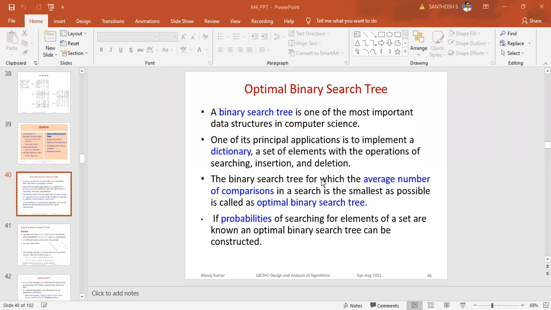The binary search tree for which the average number of comparisons in the search is smallest, we call it an optimal binary search tree.